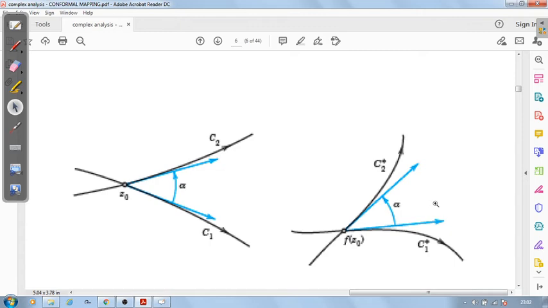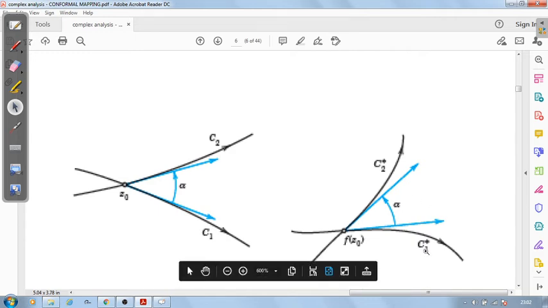So for conformality, it should be true for any curves, not only for a pair of curves C1 and C2. For any curve that passes through z0, the angle of intersection should be preserved in magnitude and direction under the map. By magnitude and direction, we mean that, suppose C2 star appears here and C1 star appears here, that is, these images are flipped.